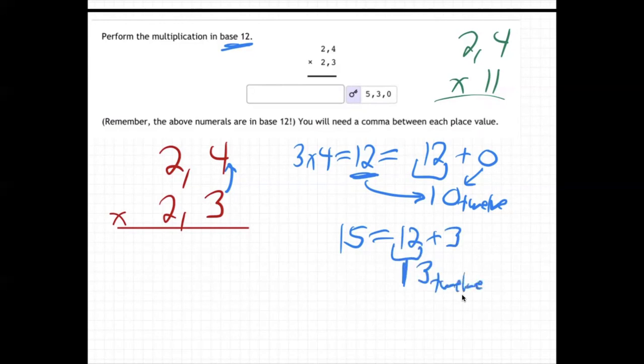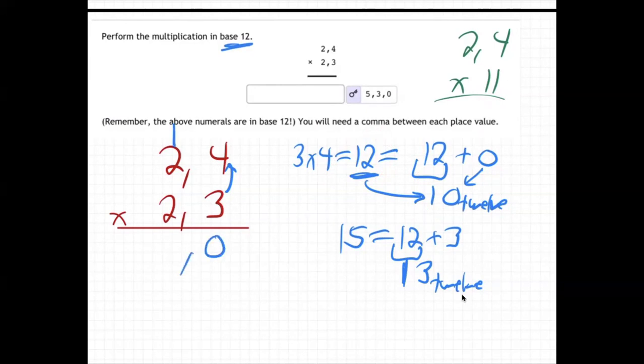Are you getting it now? If you had 15 and you had to convert to base 12, you'd say how many 12s and how many extra? 1 12 and 3 extra, 13 in base 12. If you have the number 12, you want to convert it to base 12. It's a single 12 and no more. It's 1-0. So it's going to be 1-0.